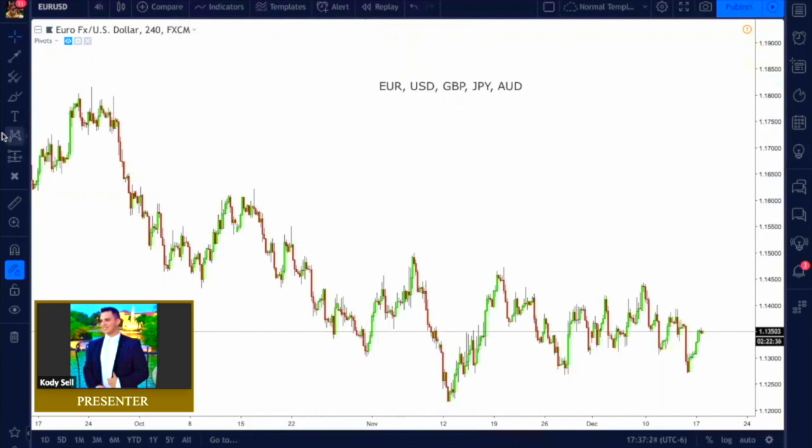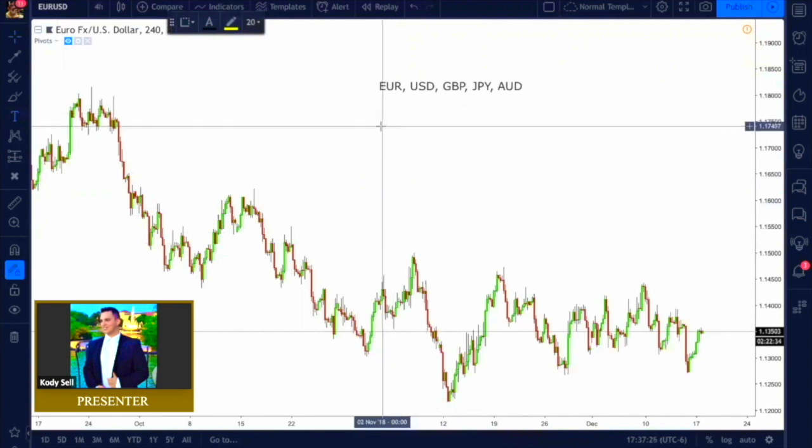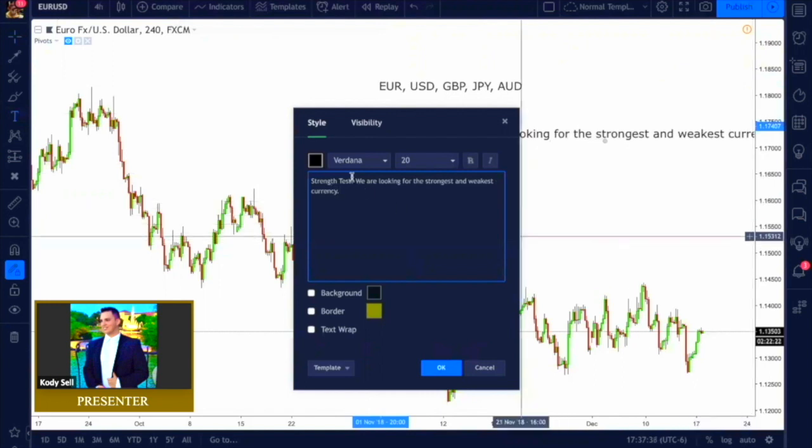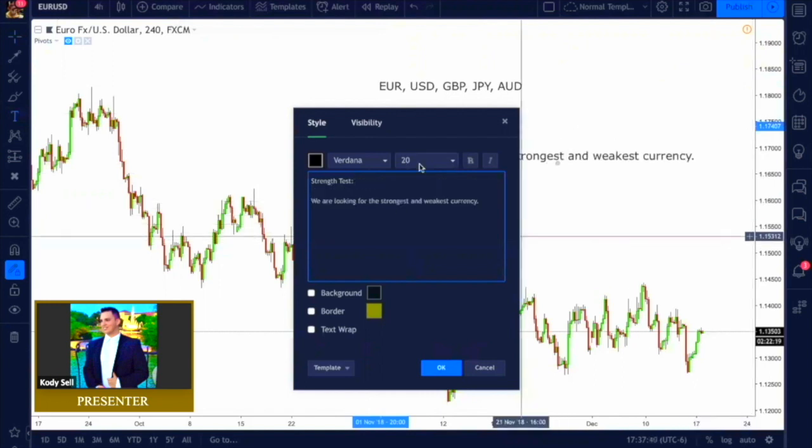And here's what we're looking for, guys. I'm going to write this down here: strength test. We are looking for the strongest and weakest currency, not currency pair, but weakest and strongest currency.